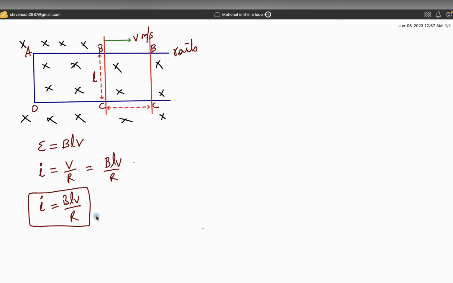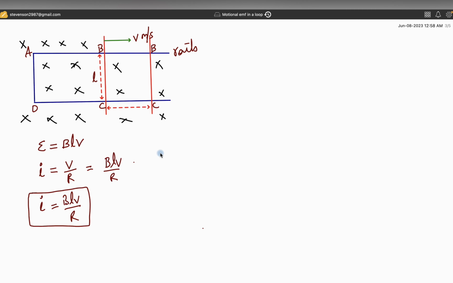If we have to look at the direction of the induced current, here both the possibilities are there. The induced current can be in clockwise direction like A, B, C, D, or the induced current can be in anti-clockwise direction like from A, D, C, B, A. So anti-clockwise direction is possible, clockwise direction is also possible. So which one will it be?